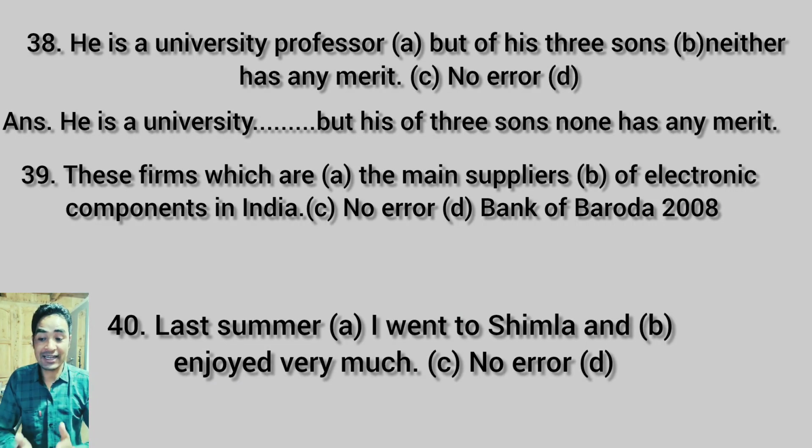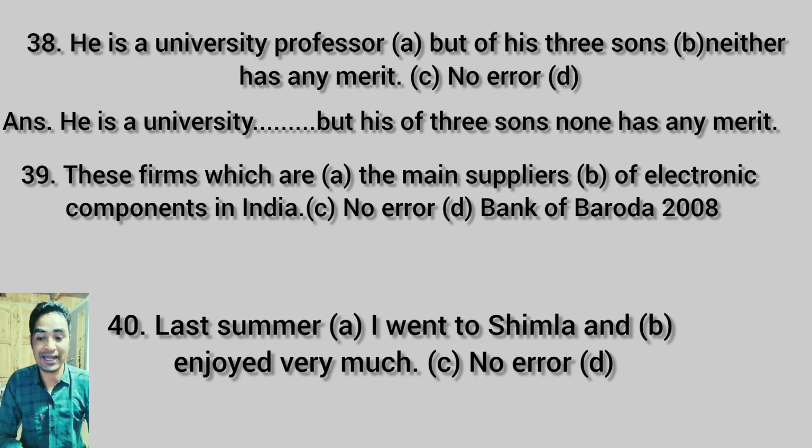Here, the firms is a subject, which is a relative pronoun, and are is the verb of the relative pronoun. A relative pronoun takes its verb according to its antecedent. Here the antecedent is firms, so which is plural. These firms is a plural subject, so the antecedent is plural, and are is a plural verb for the relative pronoun which.